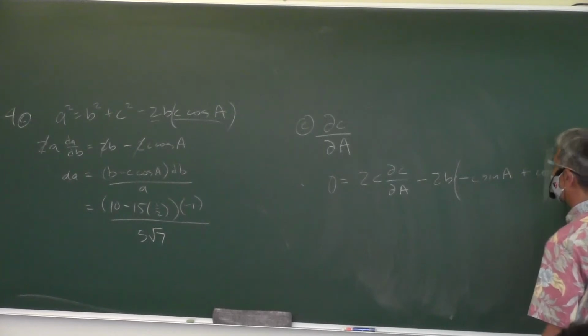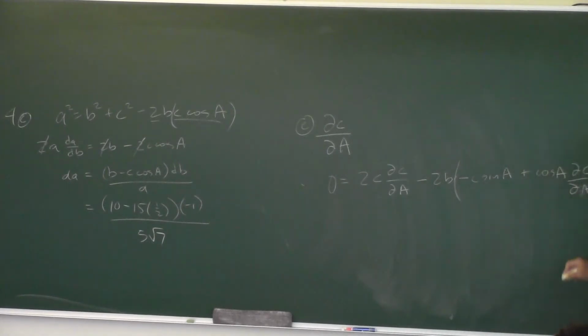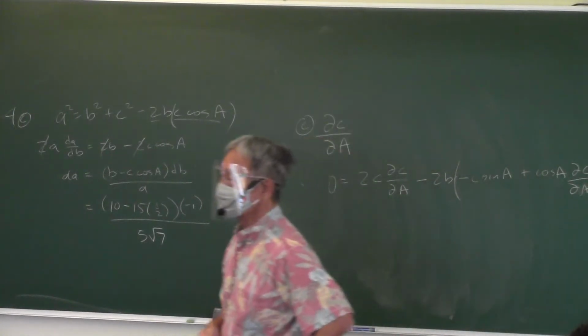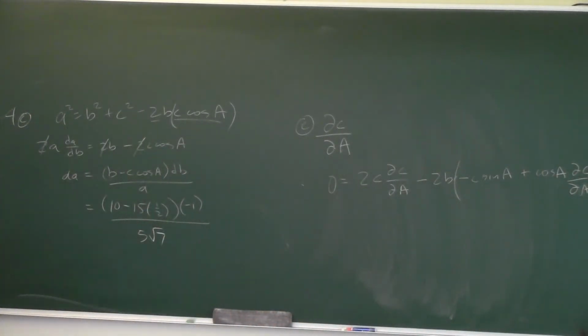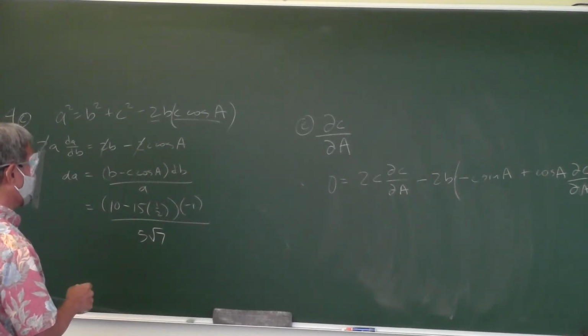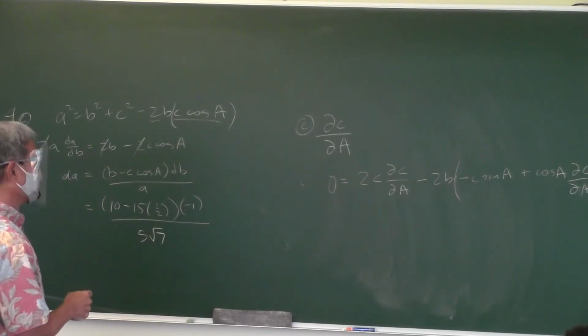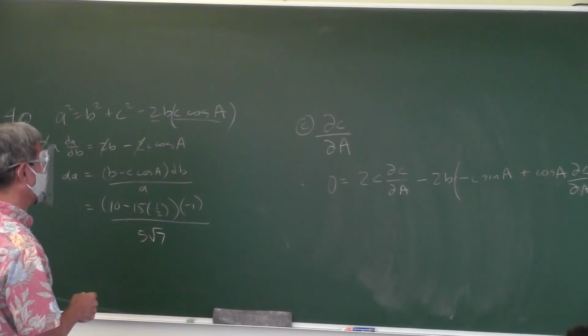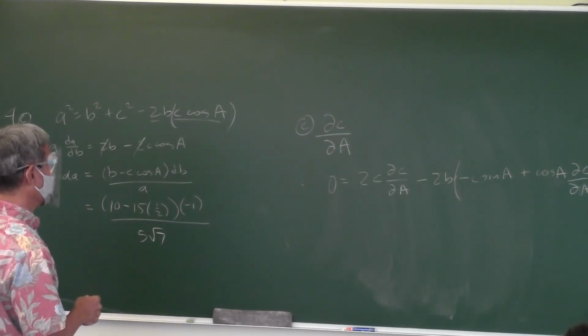I cannot really see the board. Well, how can you not see the board from there? I'm covering it. Okay, and then all you have to do now is solve for del C over del A. Do you want me to do that for you? Wait, is it del C or del A on all of the things? It's just those two, not the middle.